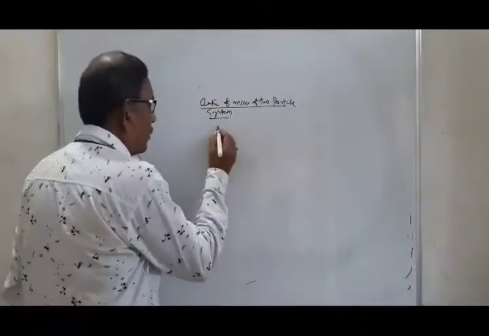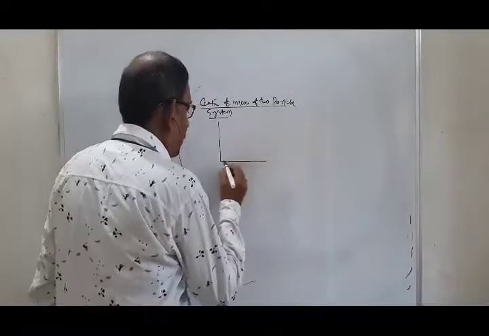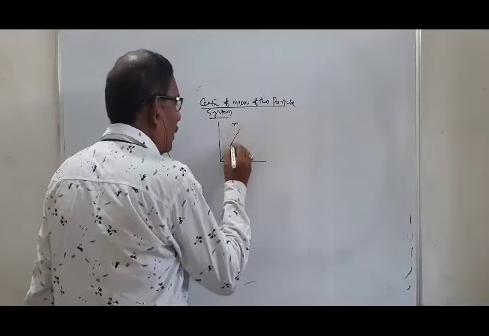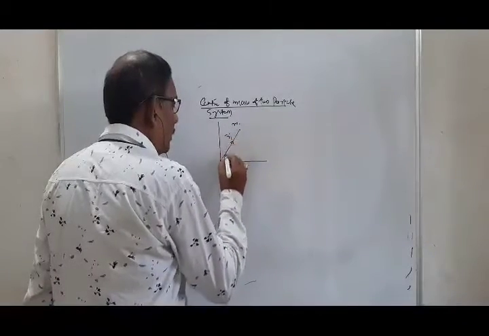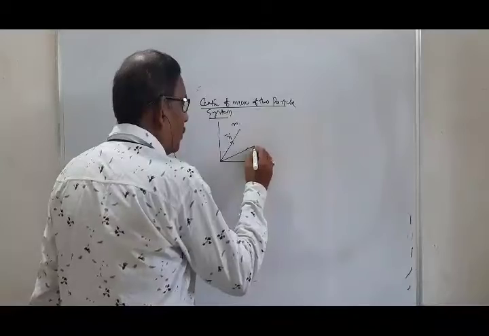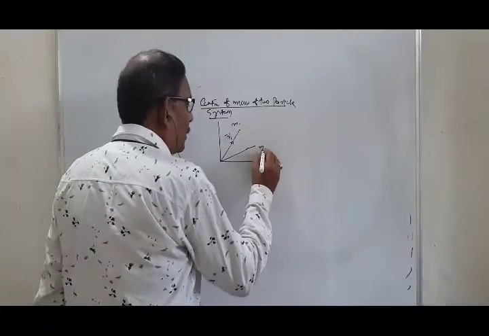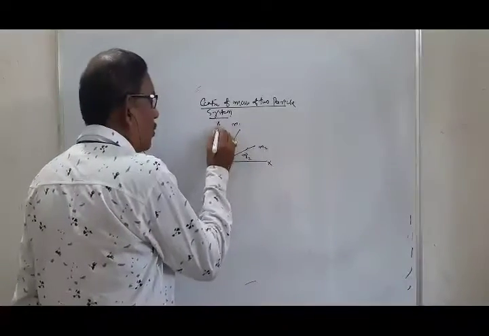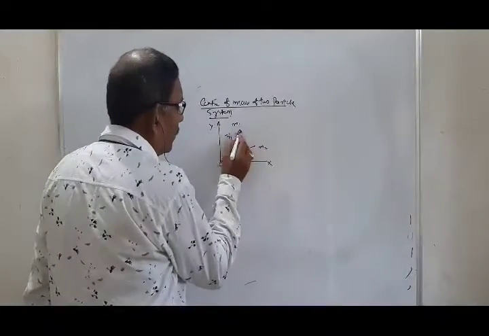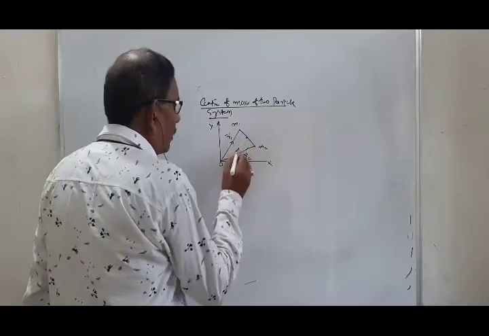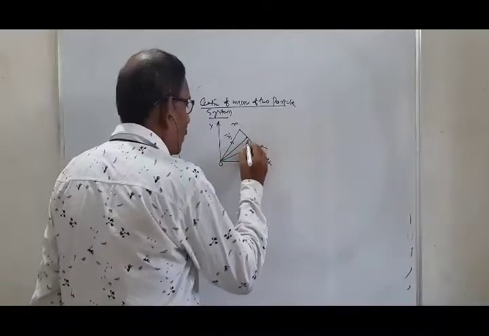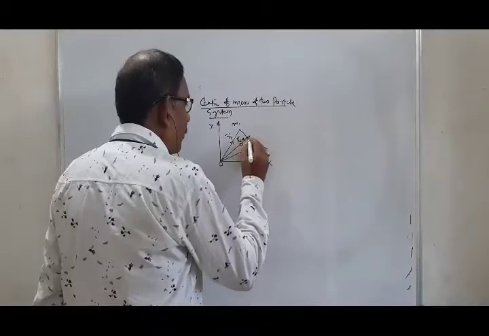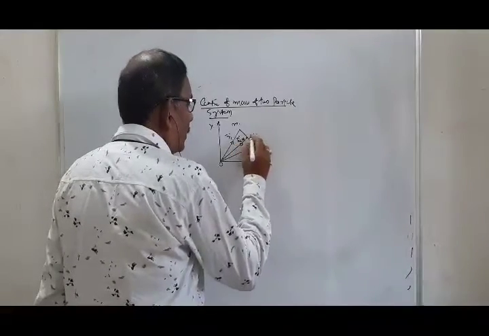Particle 1 of mass M1, the position vector is R1. Particle 2 of mass M2 with position vector R2. This is the origin, the x-axis, and the y-axis. Then the position vector of the center of mass is RCM, at point C.